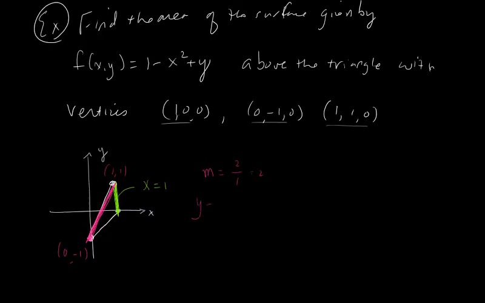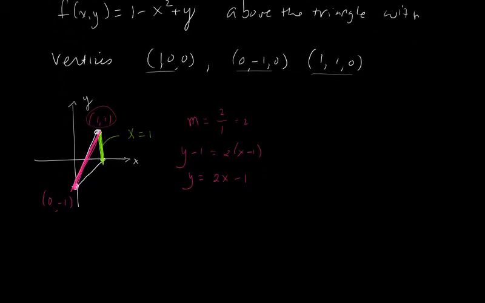So we have y minus, I'm just going to use the top point here, y minus 1 is equal to 2 times x minus 1. All right, so y is equal to 2x minus 2 plus 1 will be minus 1. Okay, so there's 2x minus 1, and that's the pink line. So let's do another color. Let's do orange for the third line here. So this is going to the point 0, negative 1, and also 1, 0.